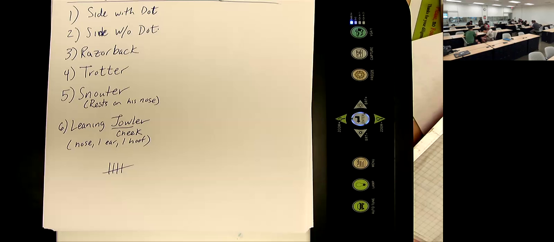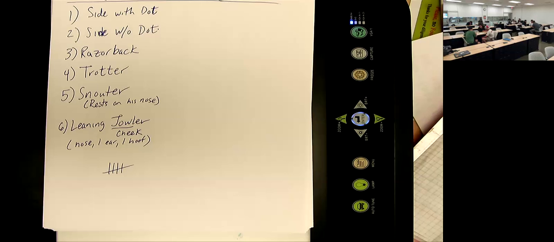Trotter, 2 dots. Trotter, no dot, and then a dot. 2 trotters, 1 no dot. Dot, no dot, razorback.